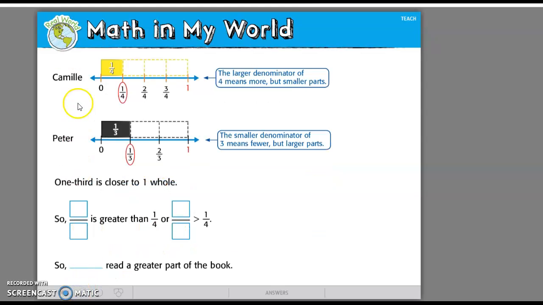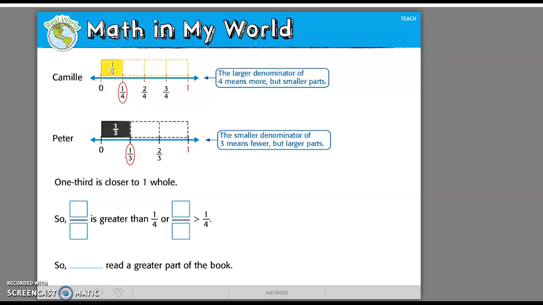So as we move on here, you can see that Camille's 1/4 is smaller than or less than Peter's 1/3. That black is taking up more of the number line. 1/3 is closer to our one whole.